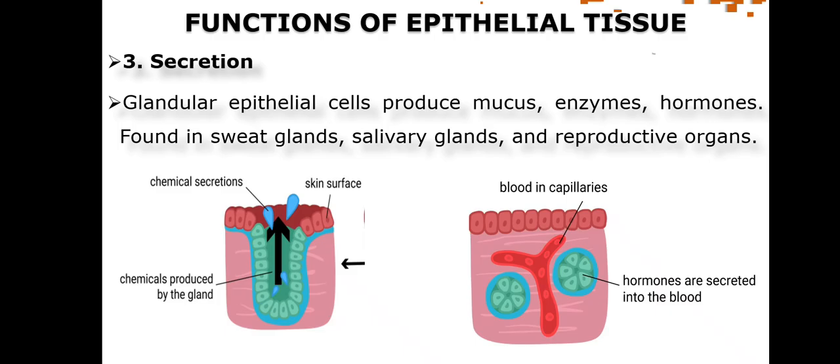What you must know is that those glands are made up of epithelial tissue. That whole gland that is producing that hormone is made up of epithelial tissue. For example, here on this diagram, in the skin we produce sweat. That sweat is being produced from the sweat glands. That gland is made up of epithelia, right?